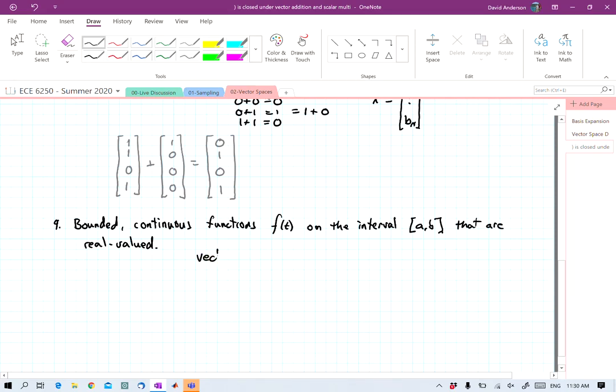So vector addition is just going to be pointwise addition of the functions. That's okay, we're used to that.